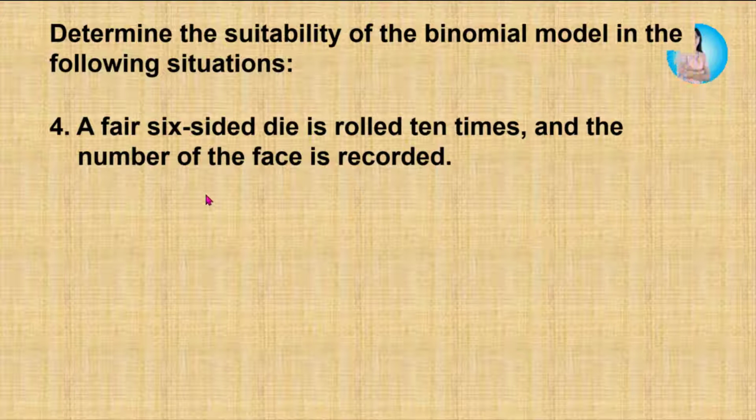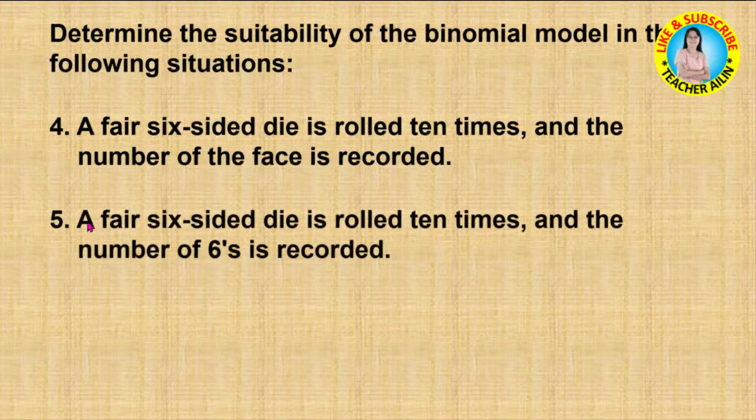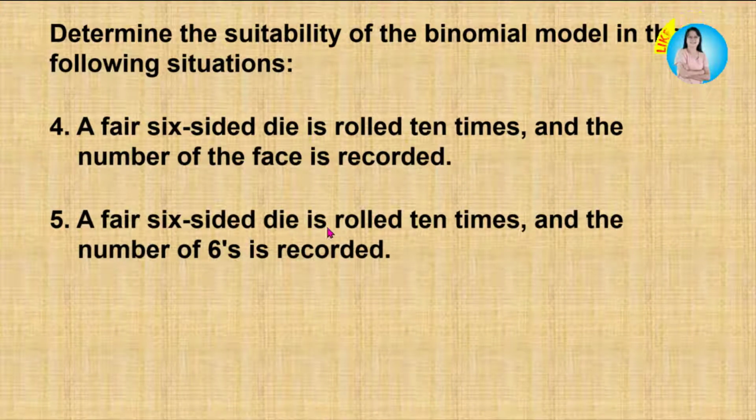However, if we change this situation to a fair 6-sided die is rolled 10 times and the number of 6s is recorded. For this situation, there is a fixed number of trials, which is 10 rolls. Each roll is independent of the others.